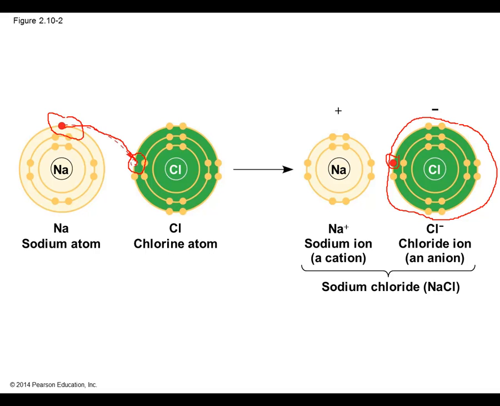And a negative ion is termed an anion. Now that you have the negative and positive charged ions, they are attracted to each other by the opposite charges, and that's the ionic bond.